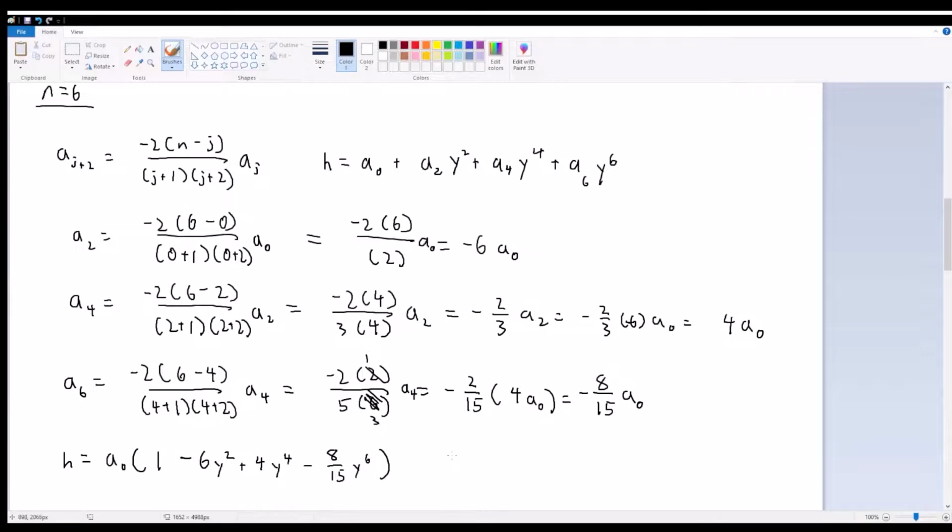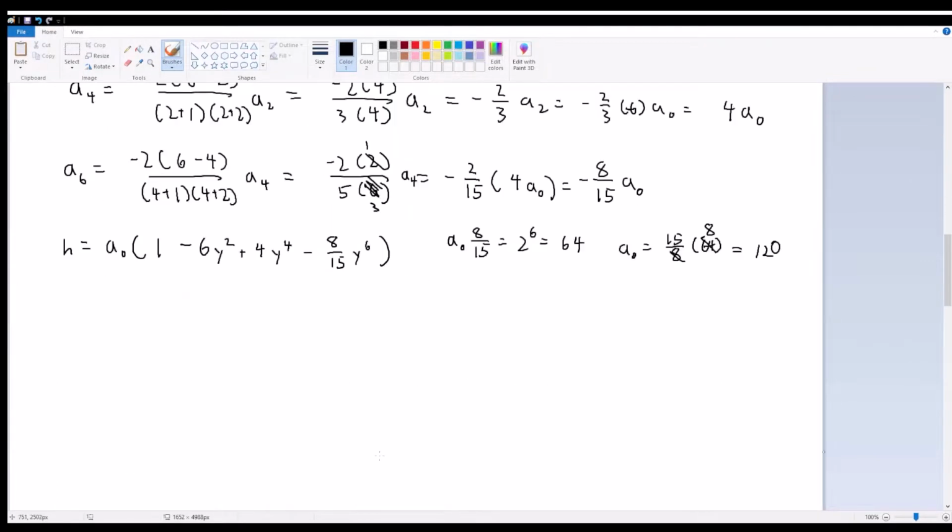And by convention, the final coefficient for the largest power, a naught times 8 over 15, has to equal 2 to the power of 6, which is going to be 64. So a naught equals 15 over 8 times 64. That's going to be 120, I believe, because the 8 cancels with the 64 to make 8, 40, 120, yeah. So finally, plugging this in, the 6th Hermite polynomial is going to be equal to 120 times 1 minus 6y squared plus 4y fourth minus 8 over 15 times y to the 6th.